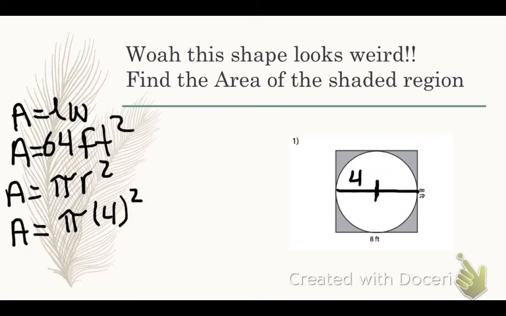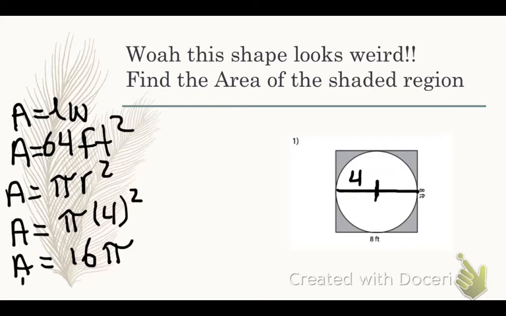All right, and we keep solving for the area of the circle. So A equals 16 pi, and we have to multiply it out because I can't use pi when I'm trying to combine or subtract these two areas.